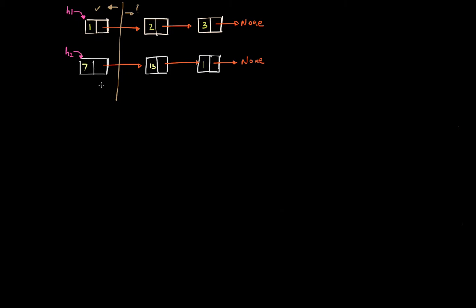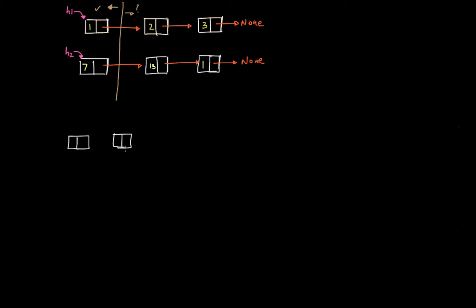So what would this picture look like? What is it that I have accomplished at this point? If my loop invariant says that everything on the left of this brown vertical line has already been shuffle merged, my picture, at least on the solution side, would look something like this.